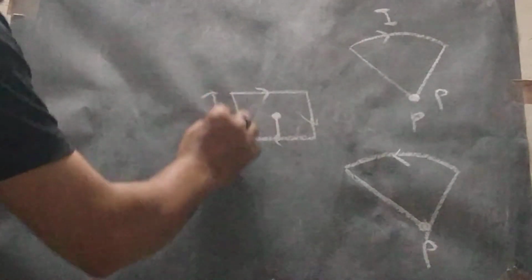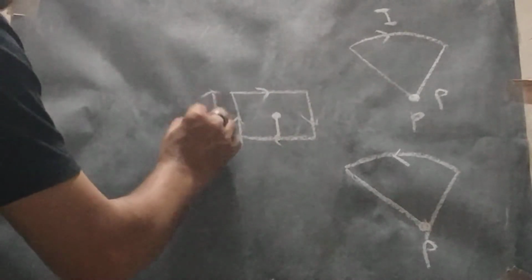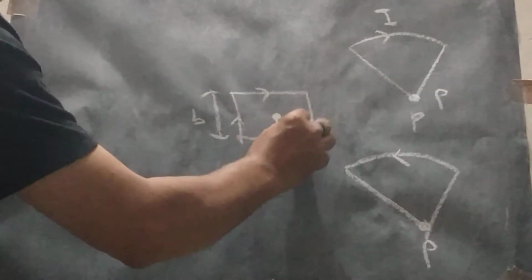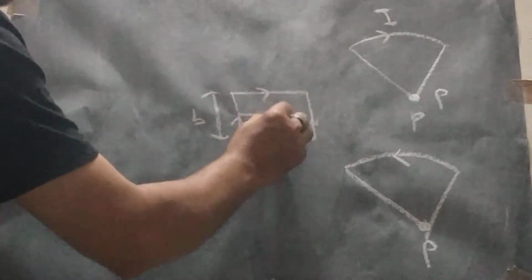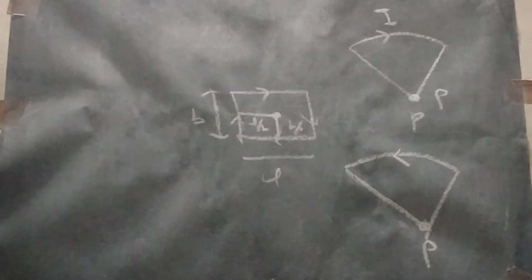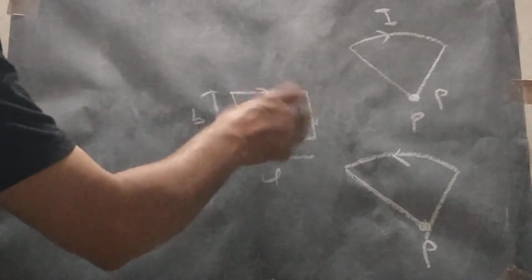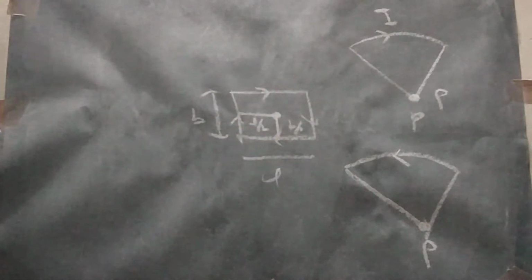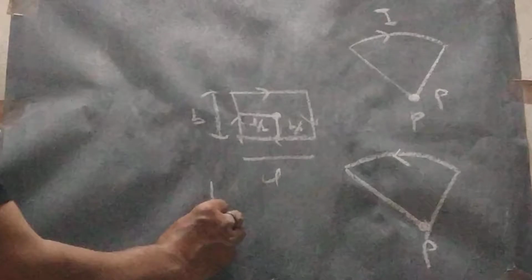If the breadth of this rectangle is b, then this distance will be b by 2, and if the length is l, this distance will be l by 2.